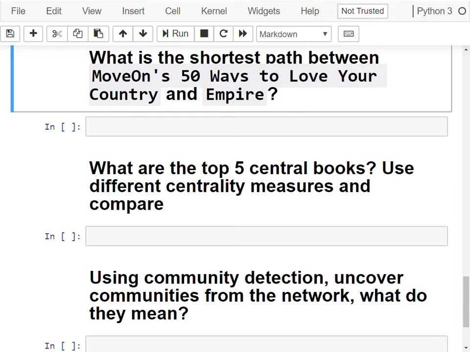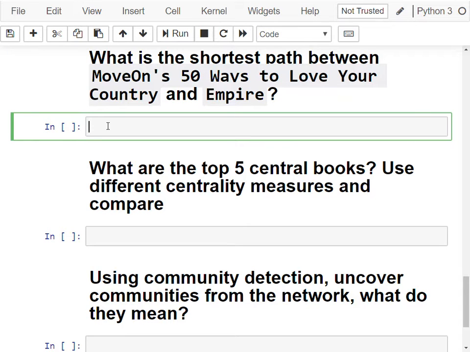Next, it's asking us to report the shortest path between two books, MoveOn's 50 Ways to Love Your Country, and Empire. We've probably seen this before. We can call the function shortest path and pass in the network as a parameter, and then the two nodes, node 1 and node 2.